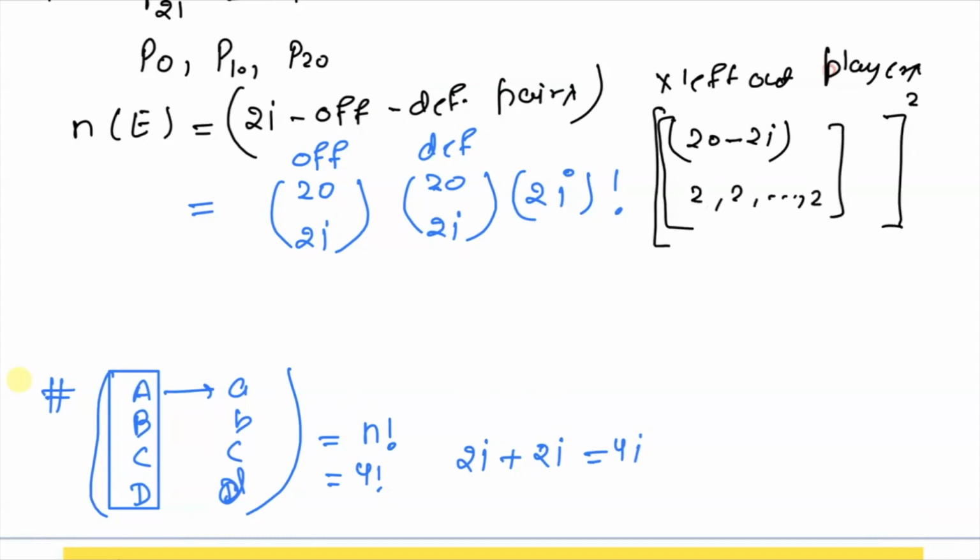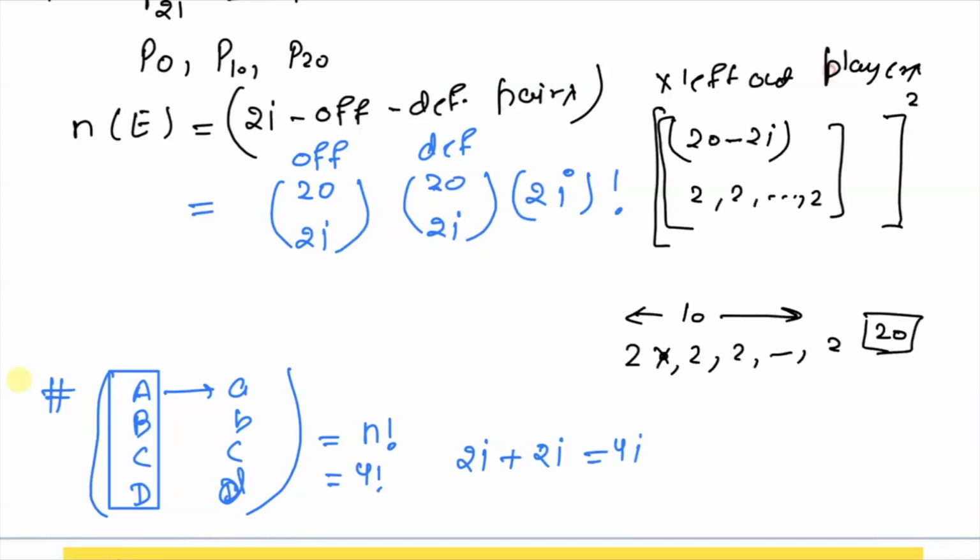How many such groups are possible? Earlier you had 10 groups if no pair of offensive and defensive were there, and in total you are having 20.